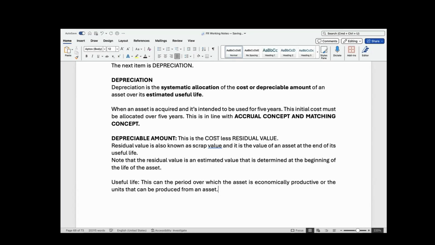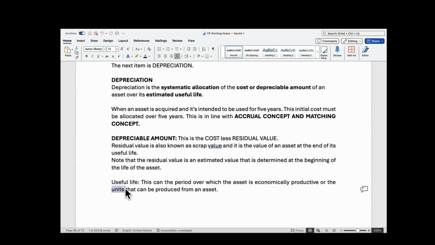So useful life can either be the period over which the asset is economically productive, or the units that can be produced from an asset. So don't see useful life as just the number of years. It can also be the number of units.